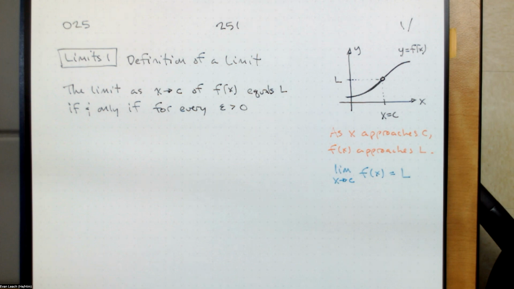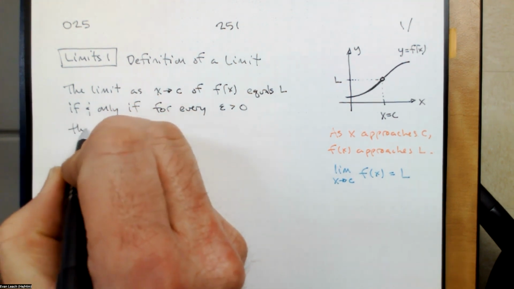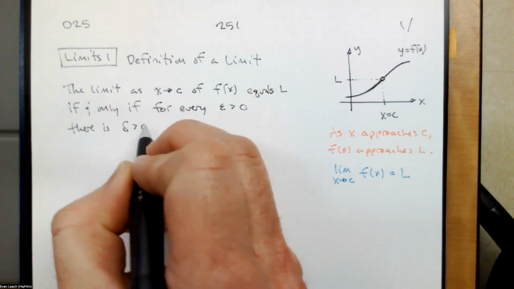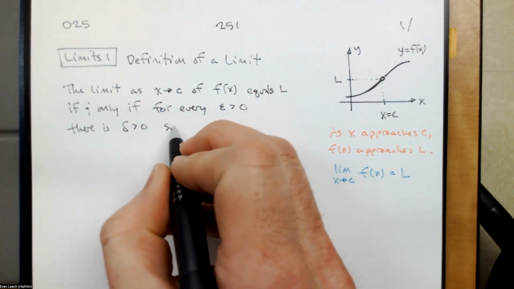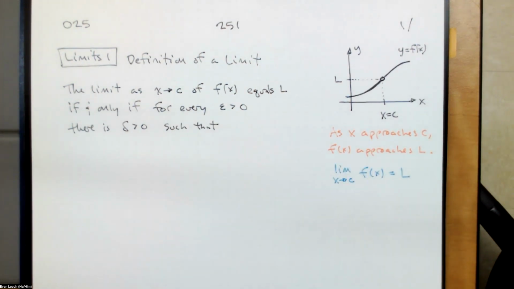The limit as x approaches c of f of x equals L if and only if for every epsilon greater than 0, there's a delta greater than 0 such that. This is how I'm going to write a lowercase delta.